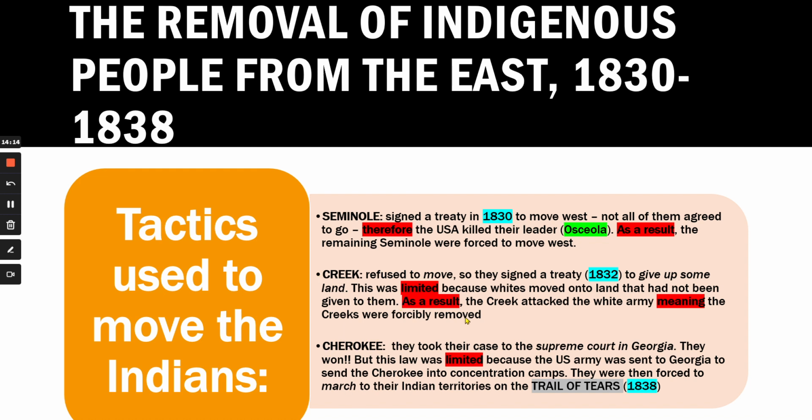The Cherokee obviously took their case to the Supreme Court in Georgia, and they won, but this law was limited again because the US Army was sent to Georgia to send the Cherokee into concentration camps. After this, they were forced to march to the Indian territories on the Trail of Tears, which took place in 1838.